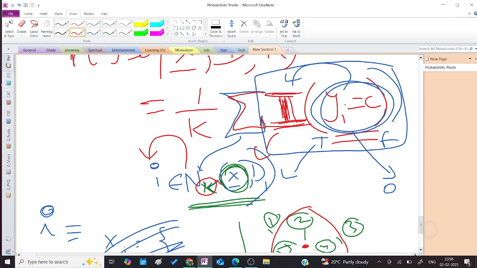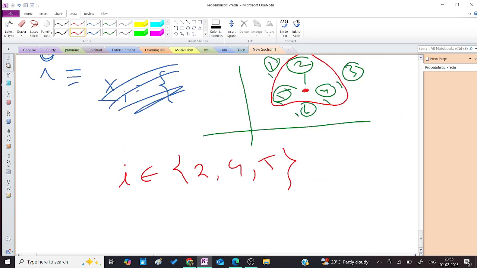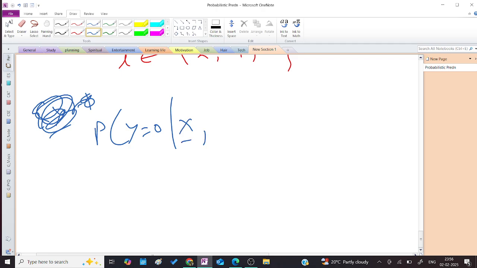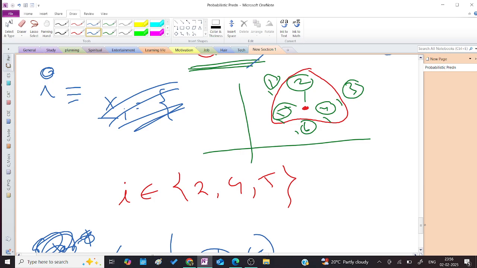Okay, so let me give you one more example, the same example I am expanding. Okay, so for p(y = 0 | x, D, k) will be what? 1 by k, that is 1 by 3. Summation for all i's in N. So there are 3 i's.